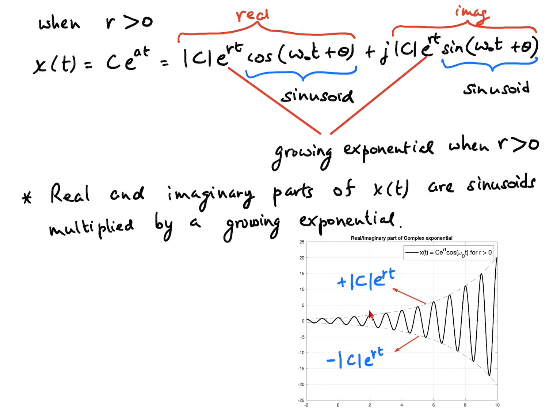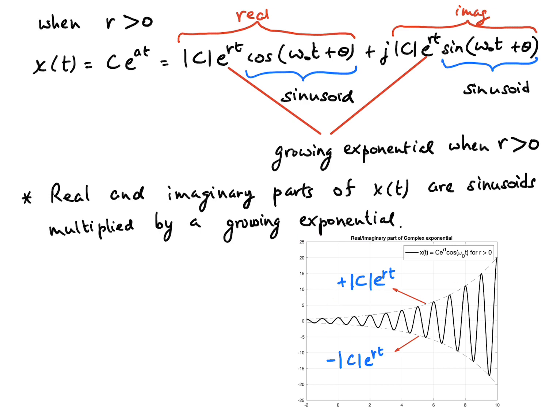The envelope or the boundary of this waveform is increasing exponentially. So when r is positive, the real and imaginary parts of x of t are sinusoids, cosine and sine, but they are multiplied by a growing exponential, as we have plotted in this graph.